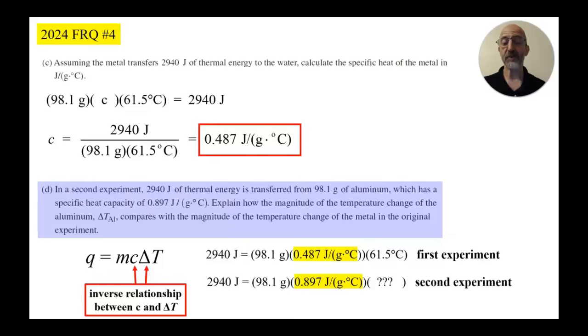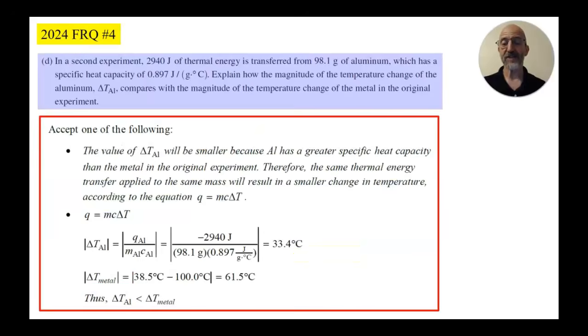Here are the official scoring guidelines. So the scoring guidelines say that the value of the change in temperature for the experiment involving aluminum, the delta T, will be smaller because aluminum has a greater specific heat capacity. So connecting the inverse relationship of those two variables and making the correct prediction that the delta T would be smaller. You can also explain this mathematically. So there's the 2,940 joules of energy that was transferred.